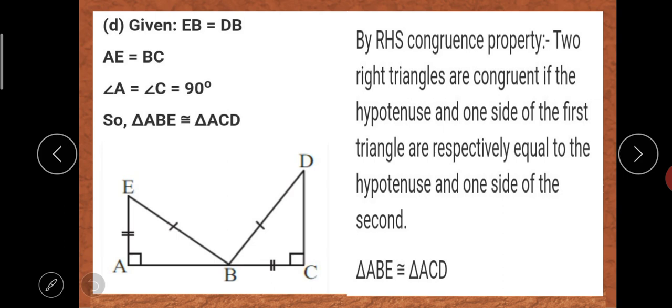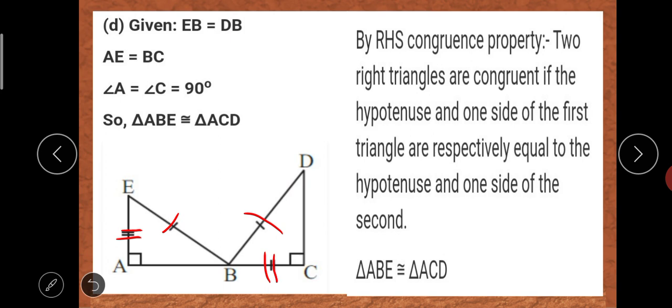Fourth one, see, in that triangle, see what is given here. EB is equal to DB. So here EB is equal to DB. AE, this one side, is equal to BC.